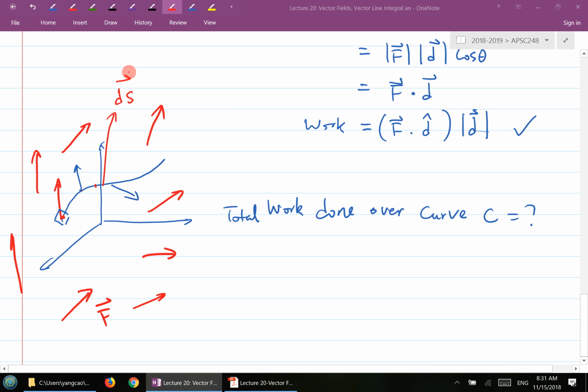That makes a lot of sense because when you're at this location, you're moving to an adjacent location. You're not just moving a simple distance, you're also probably changing direction. So this ds essentially has two different meanings: one is direction, and the other is the distance.